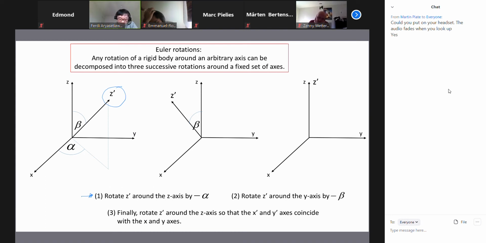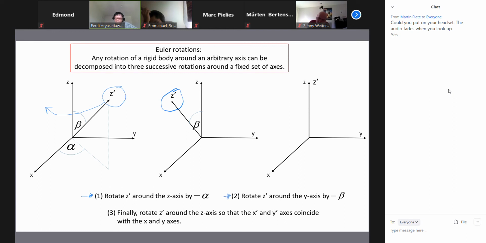So we rotate it by angle alpha, and then we end up here. The z prime axis is now on the xz plane. Then we make another rotation, the second step.